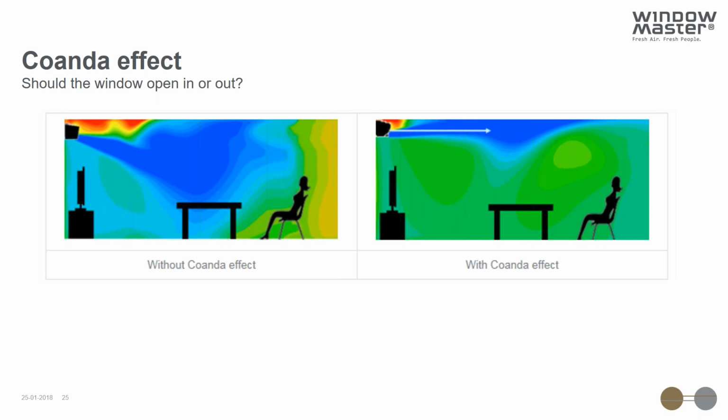And this will also be very important if you are using a supply temperature of 32 degrees, for example, because this will be likely to cause draft problems if it's input directly into the occupant space.